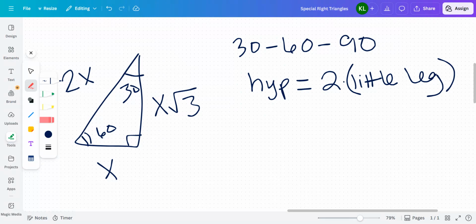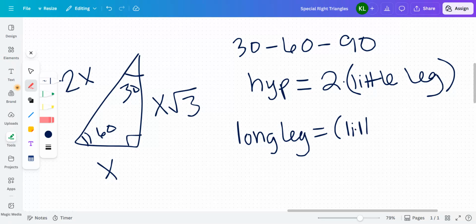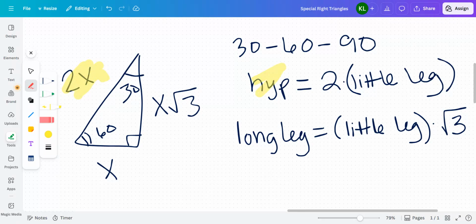And then another thing that I know is that my long leg is equal to my little leg times the square root of 3. And so that's just some relationships that I can deduce by looking at this diagram.